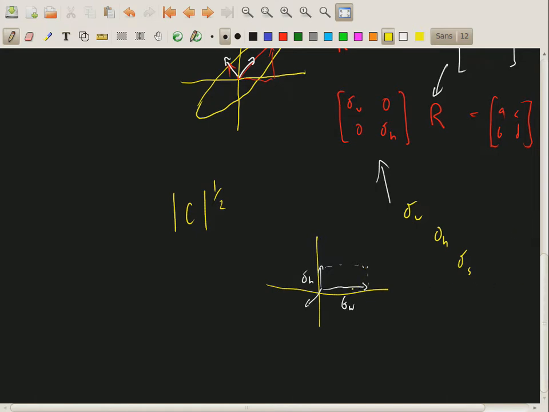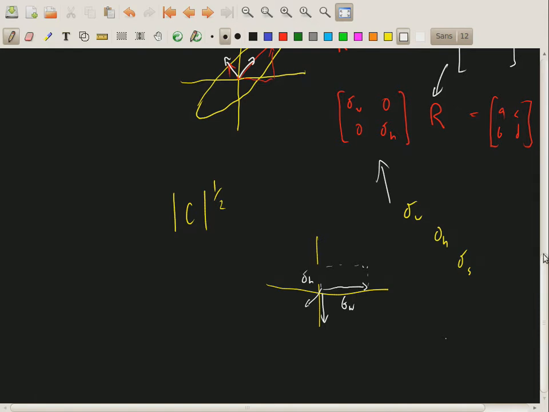Now, there's something funny about this, because I drew that in a particular way. What happens if I change the direction of sigma H? What will the volume now be if I just multiply all these guys together? Be negative. So negative volumes don't make any sense. How do you deal with negative volumes? Absolute them. So how do you absolute something? You square it and take its square root.